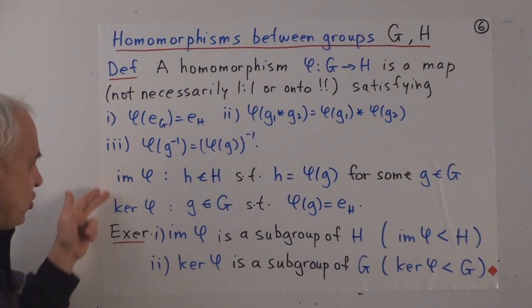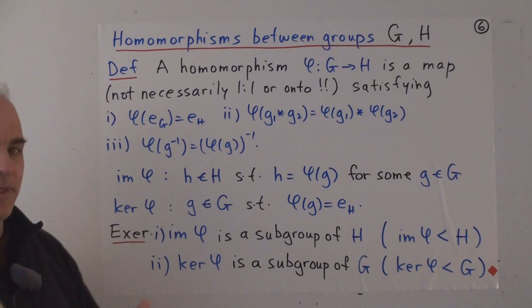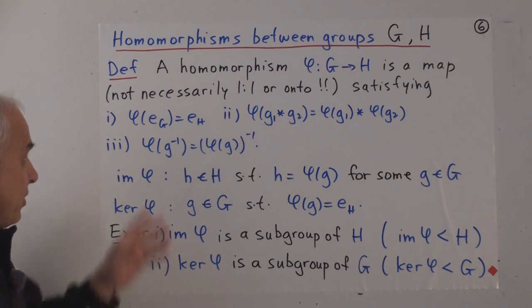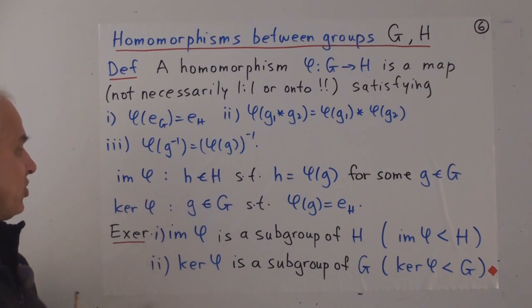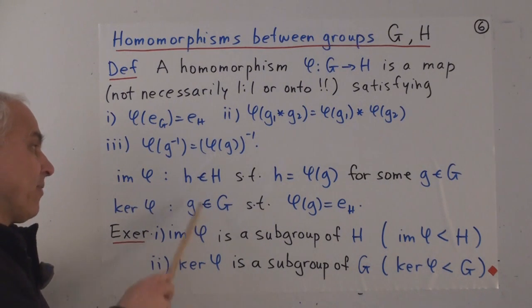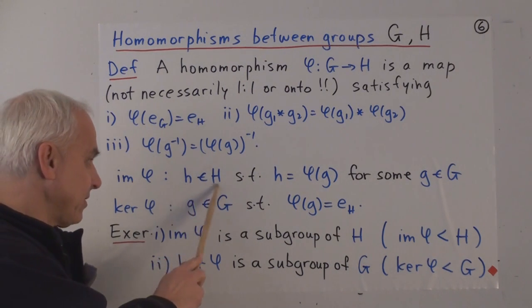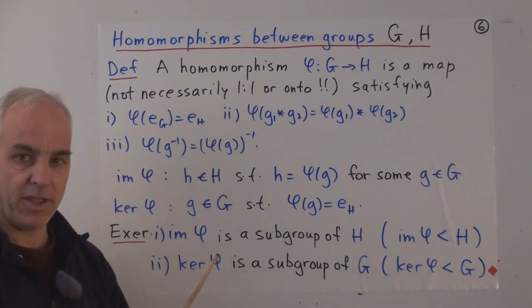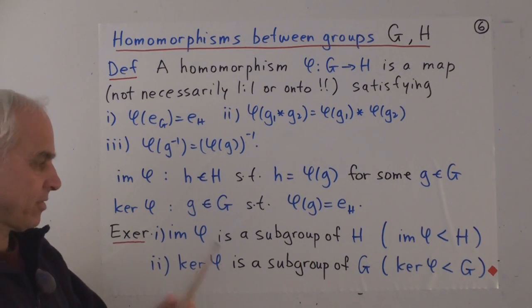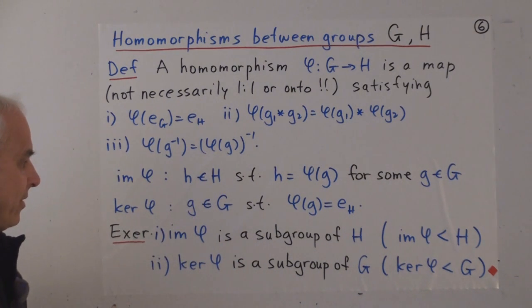And there are then these 2 important notions that go along with homomorphism. So given a homomorphism from G to H, we can define the image of phi. And that's those h in H, the elements in the second group, which are actually hit by something in the first group. So just the image of the function in the usual sense.